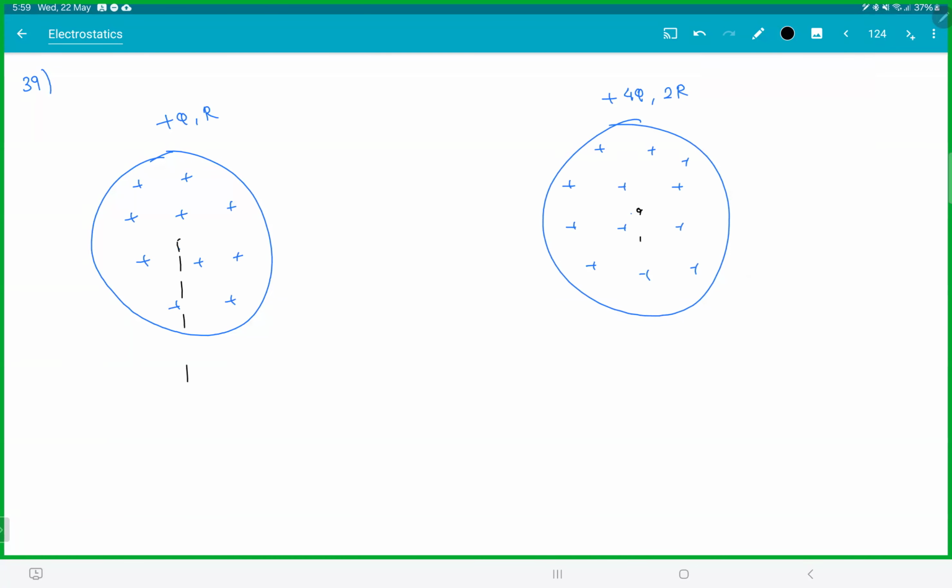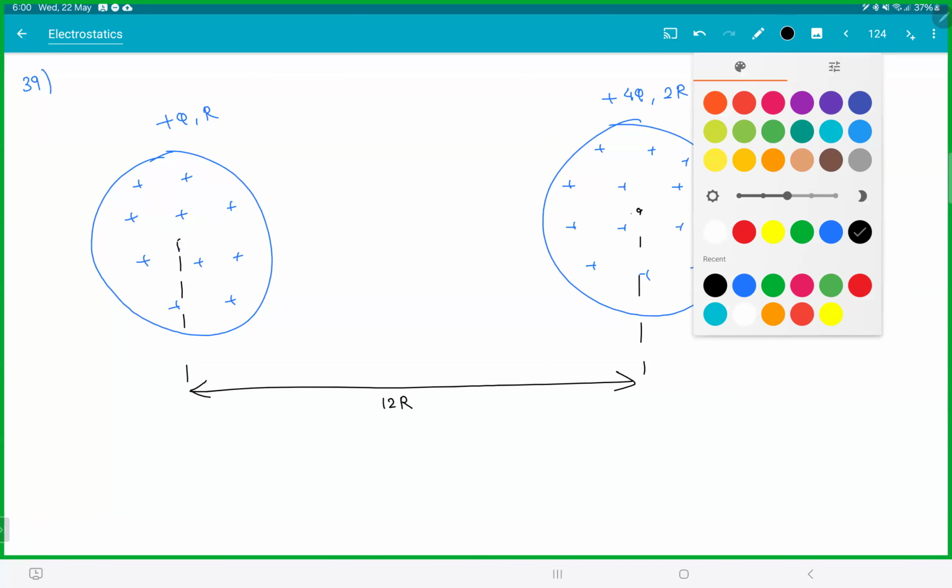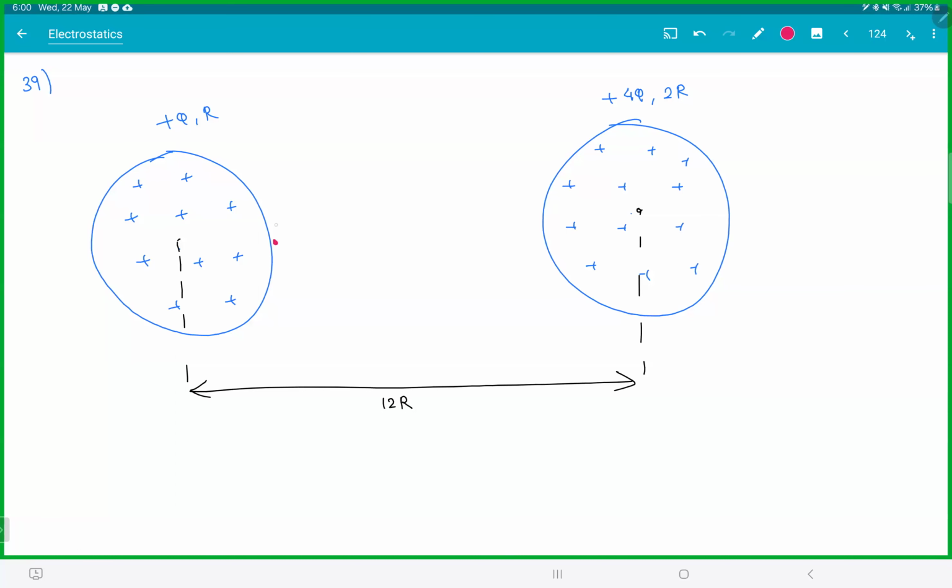Center to center, this distance is 12R. Now from the surface here, minus Q and mass M, you projected with speed U along the center to center.